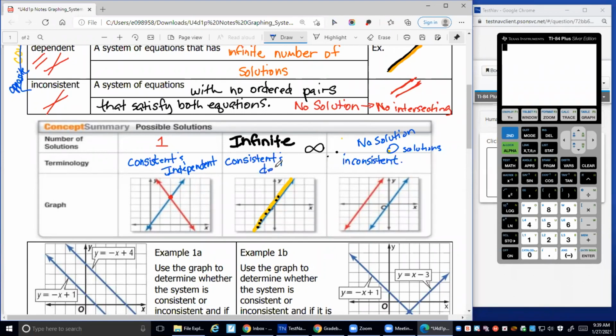So it is consistent and dependent. And then let's look at this one. What do you think? Is it independent, dependent, or neither? It is exactly neither. It is simply inconsistent, okay?